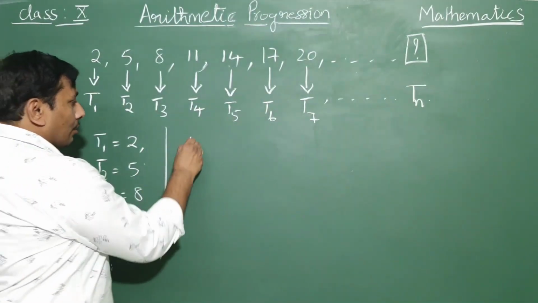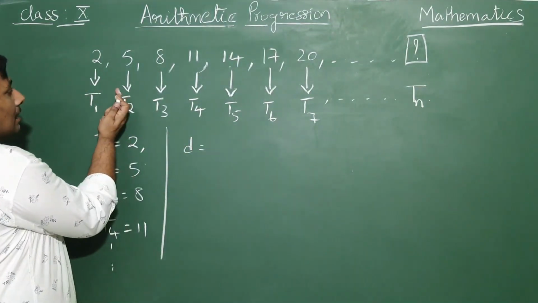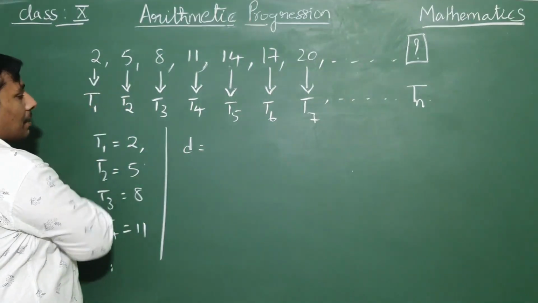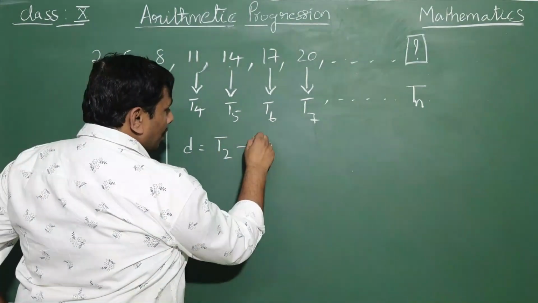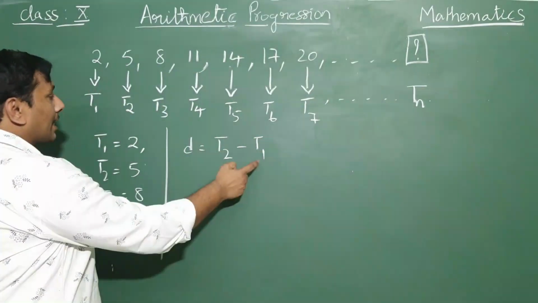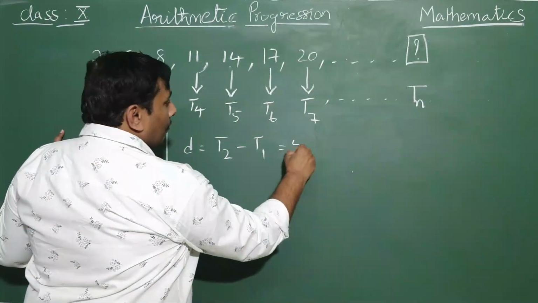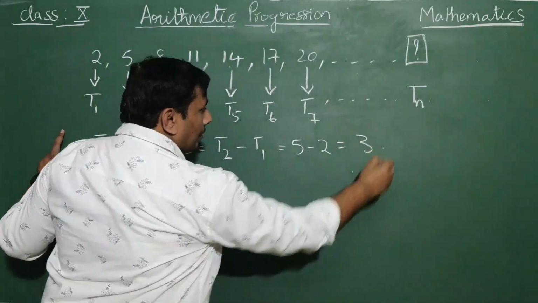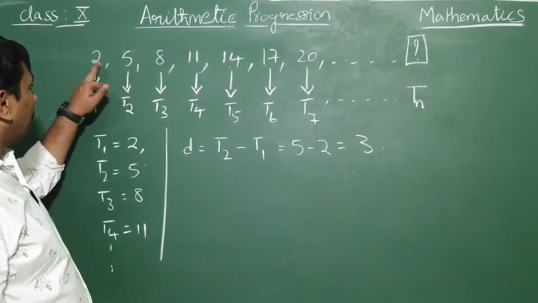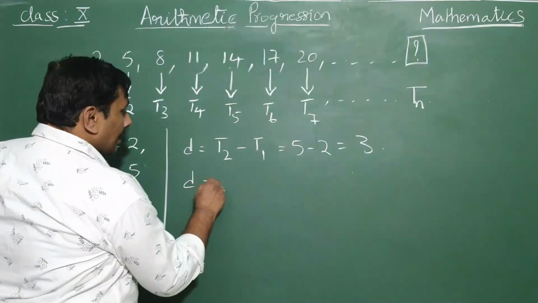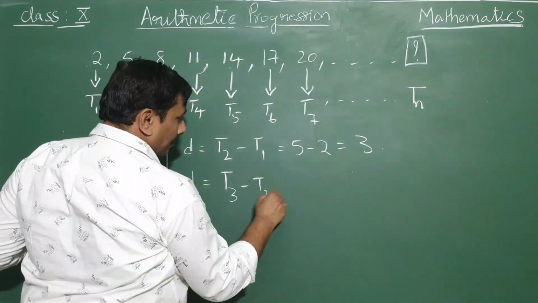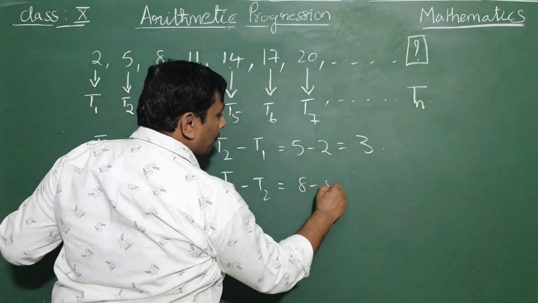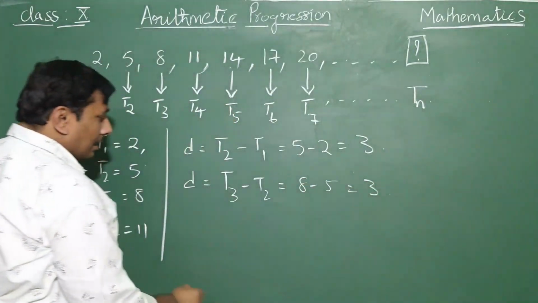D is equal to T2 minus T1, which is 5 minus 2, which is 3. Next, I take the third term and subtract the second term: 8 minus 5, which is 3.